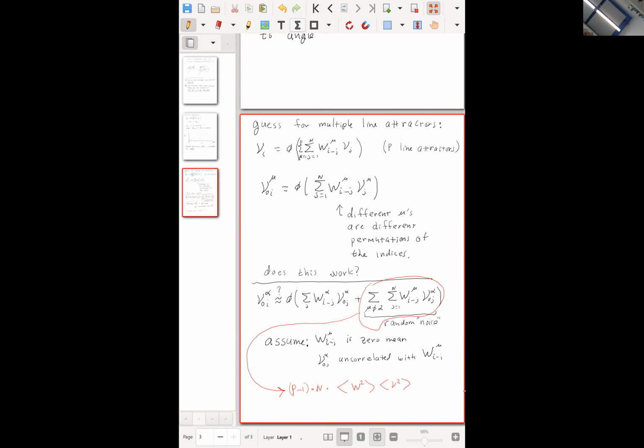And then, of course, it's the square root of all that. That's a typical size of this sum.